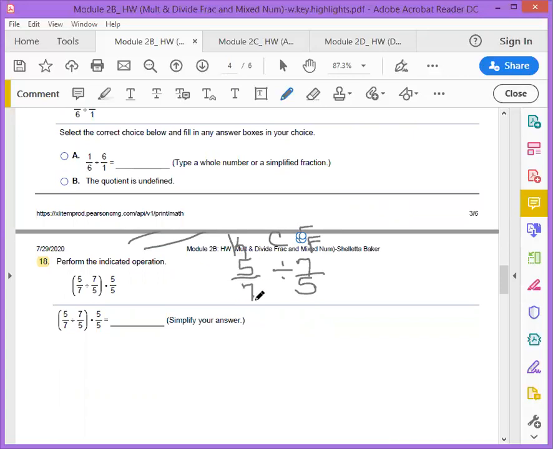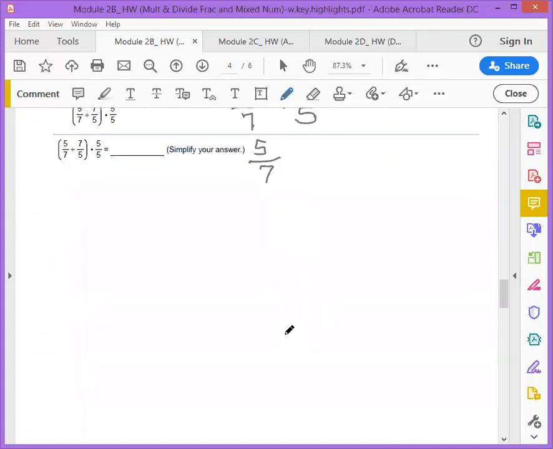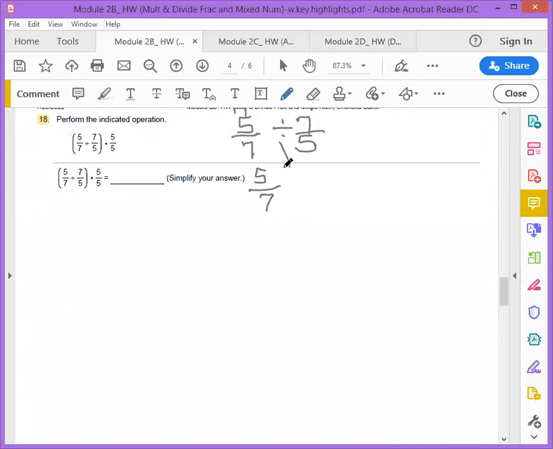We want to keep our first fraction the same, so it'll remain 5/7. We'll change our operation from division to multiplication, and then we'll flip the second fraction. So 5 moves to the numerator, and 7 moves to the denominator.